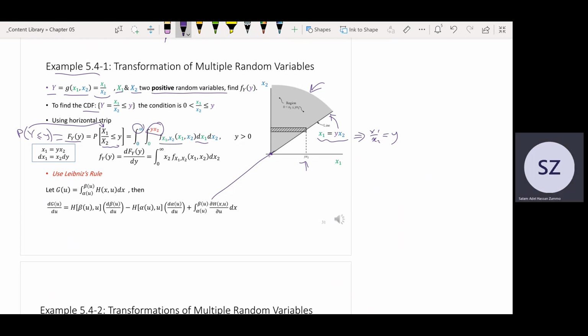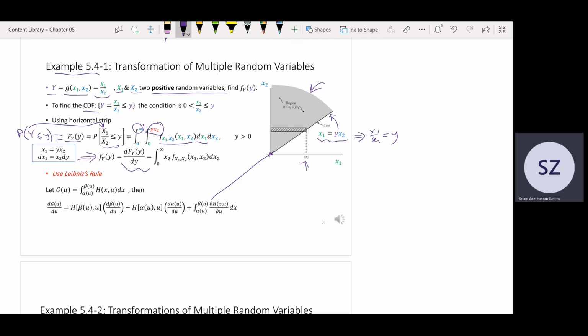Now, whatever the PDF, I can give you any PDF. It could be simple, it could be difficult. Of course if it's simple it will be easier, and if it's difficult it will be harder. In order to find the PDF, we simply differentiate this with respect to y. The first integral has no relation to y, so it stays as it is.